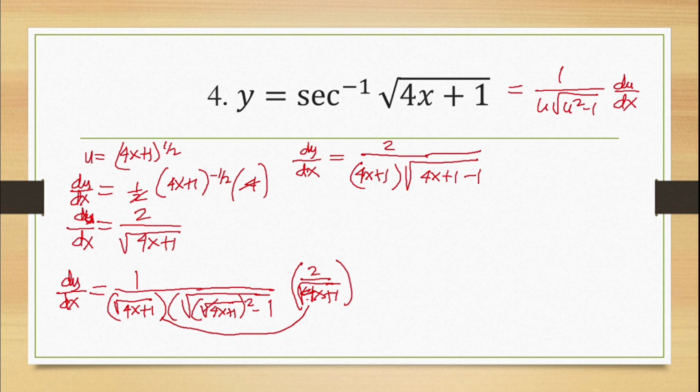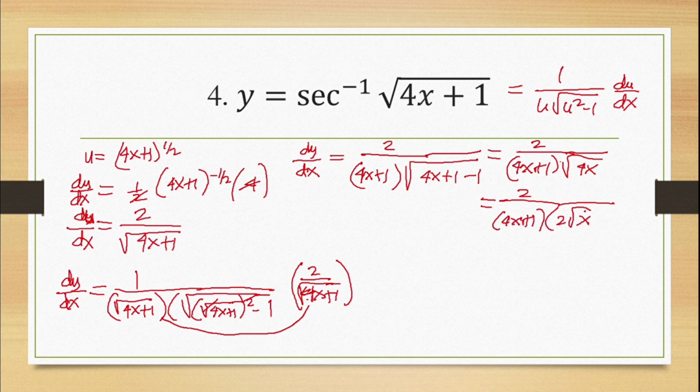So the remaining of this part is 2 over 4x plus 1 times the square root of 4x. The square root of 4x is equal to 2 square root of x. So cancel this part. So I have 2 over 4x plus 1 times the square root of x.